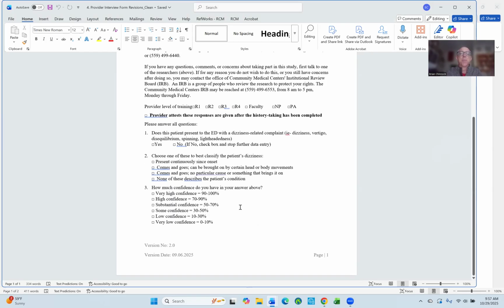If it's yes, you move on and choose that same final question that the patients were asked, choosing one of these descriptions to best classify the patient's dizziness. And then choose your level of confidence in your classification of the patient's dizziness. So how much confidence do you have in your answer to question number 2?